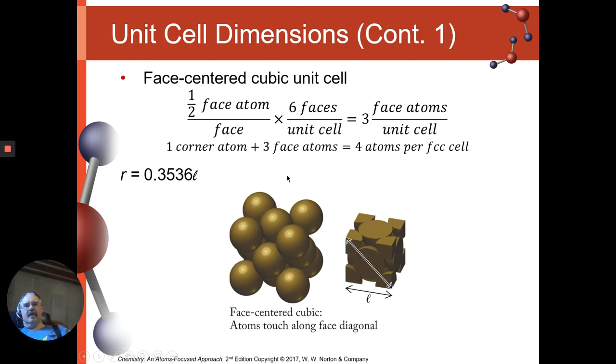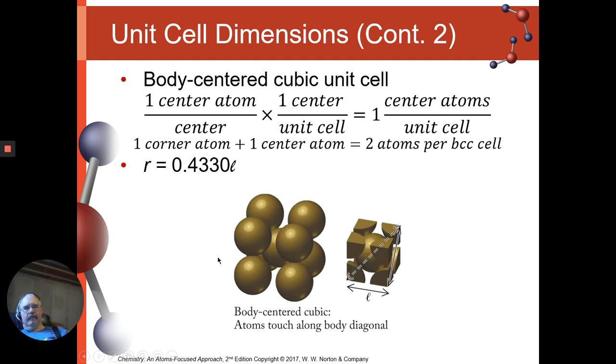Okay, in a face-centered cubic unit cell, here we have atoms at the corner, and then we have an atom at each one of the 6 faces. The face atoms are shared by one other unit cell.